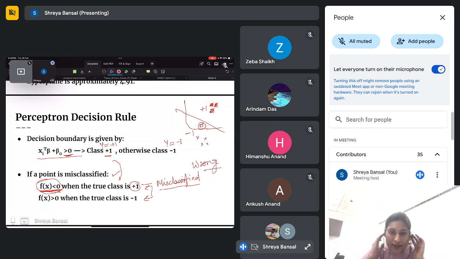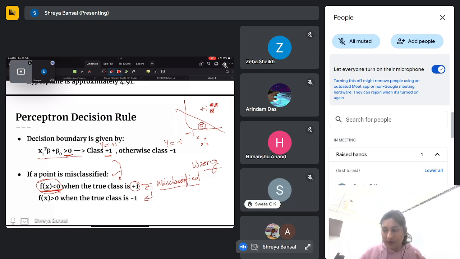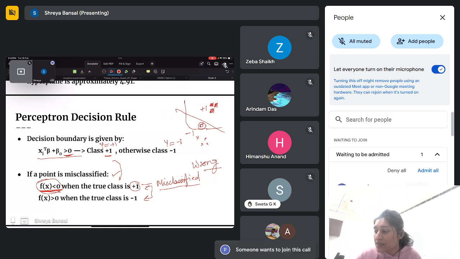So while drawing this hyperplane, how many points are not correct? Let's say for this hyperplane, can you say that this point is correct? Yes or no? If I draw this hyperplane for these two classes, plus 1 and minus 1, will this point be correctly classified?